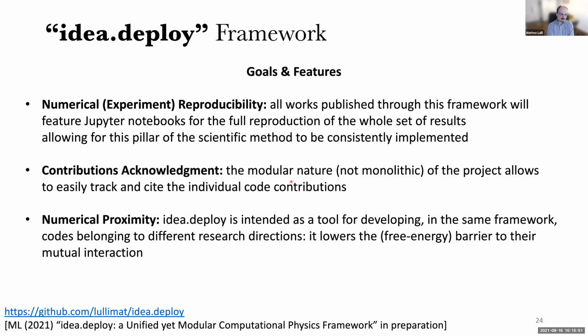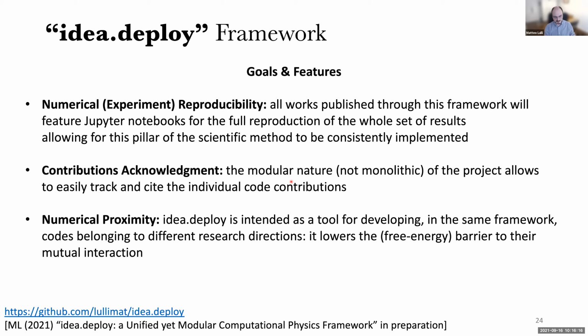The goals and the features are that these structures should foster numerical reproducibility, which is a pillar of the scientific method, and contribution acknowledgement, because the code is growing modularly. It's not a monolithic code. It's not thought explicitly for lattice Boltzmann or anything else. It's a framework.